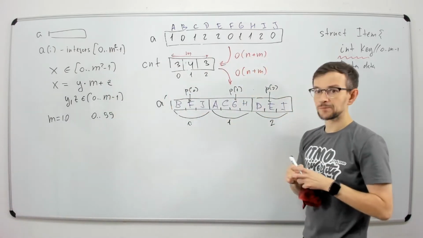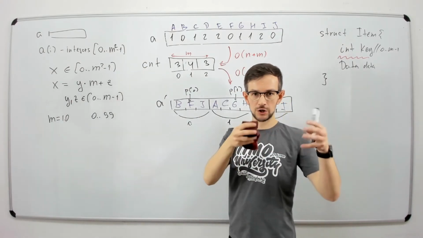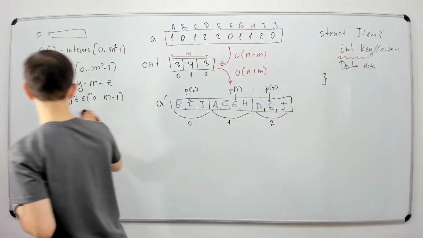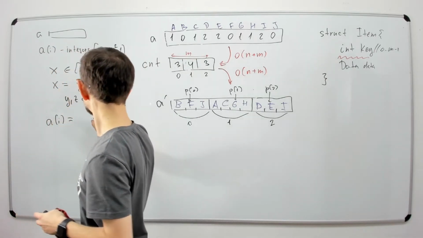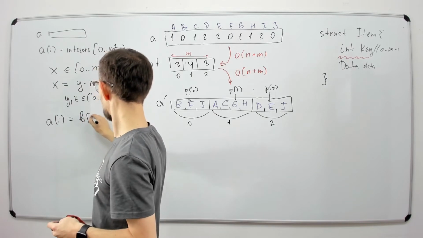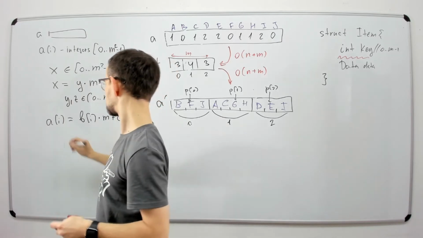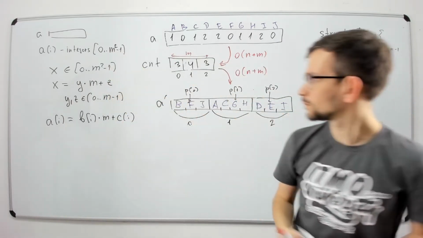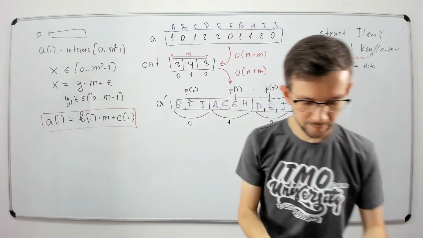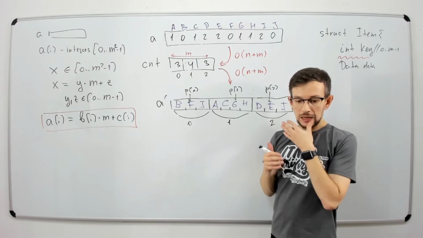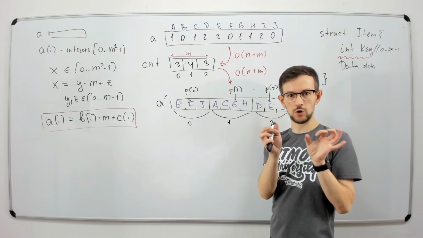And now we will take all integers in our array and split each integer into two parts. So we'll take the array A and split it into array B multiplied by m plus array C. And now, instead of sorting the big integers, we will sort the pairs of small integers.